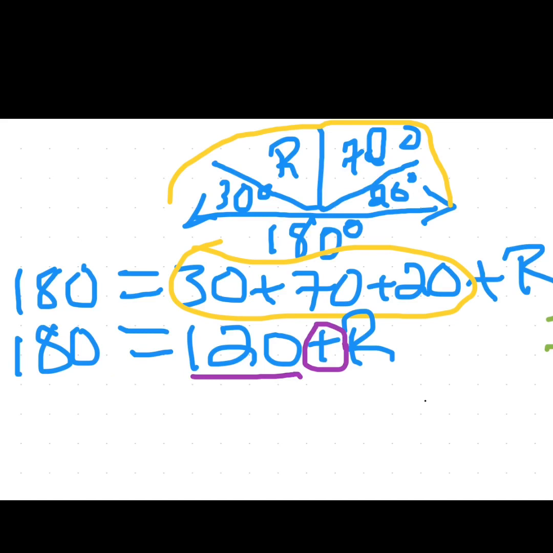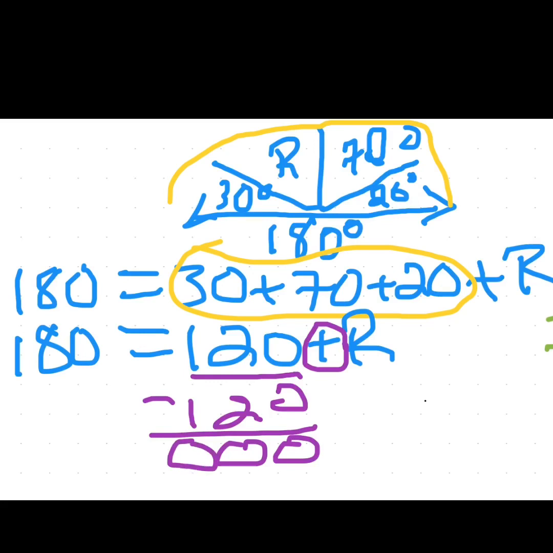So we're going to subtract 120 from this side, and of course that equals 0, and then subtract 120 from 180. Well, 0 minus 0 is 0, 8 minus 2 is 6, and of course 1 minus 1 is 0.